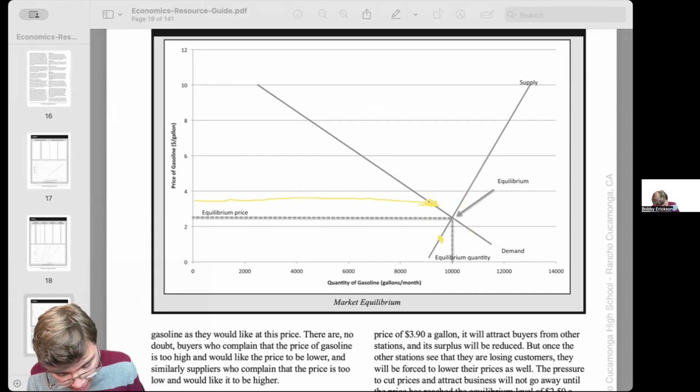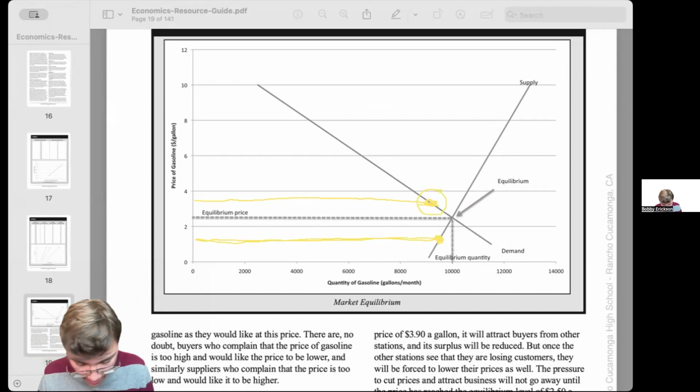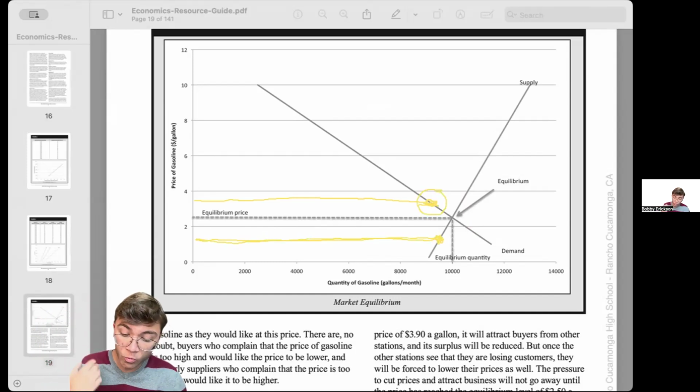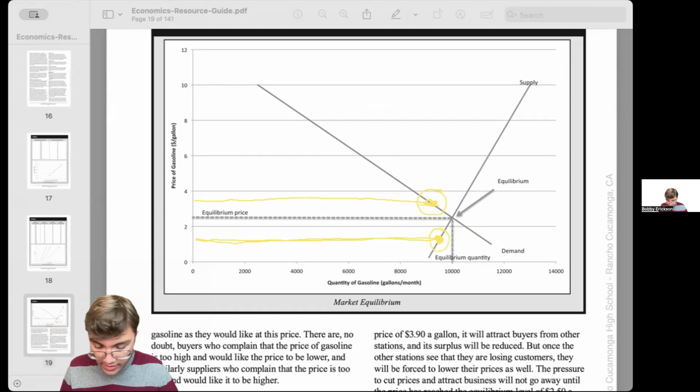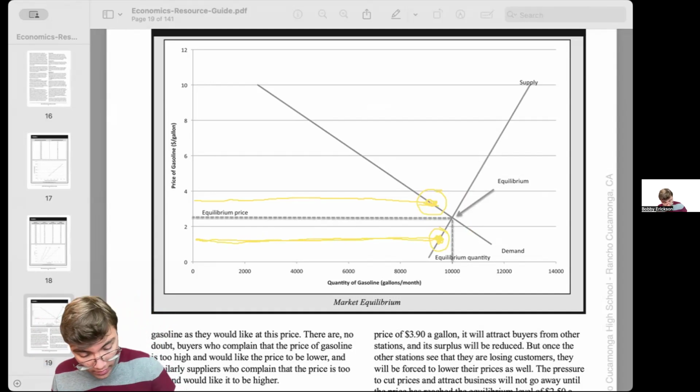So if we just look at these 2 points, then we can see that at this point, a buyer is willing to pay more than the equilibrium price would say. And at this point, the suppliers are willing to supply the good at a lower price point.